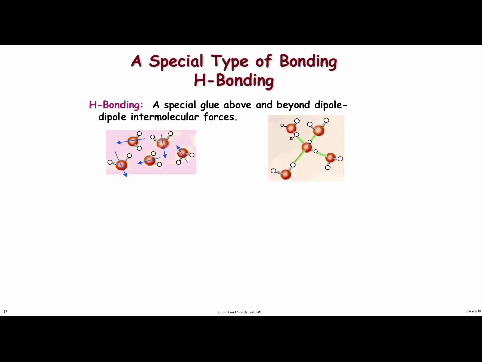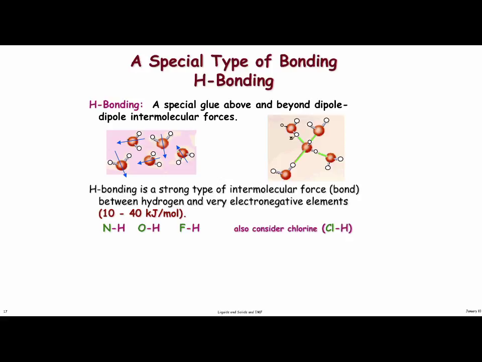What exactly is hydrogen bonding? Well, hydrogen bonding occurs because oxygen, nitrogen, and fluorine are all very small atoms. And because they're so small, they have a stronger affinity for the electrons that they're sharing with their partner. It's a special glue that is above and beyond the dipole-dipole and London dispersion force.